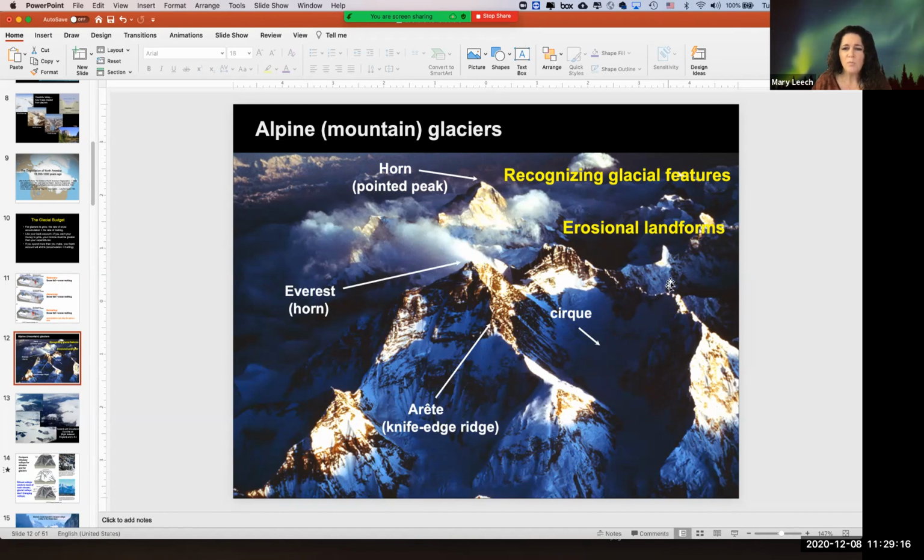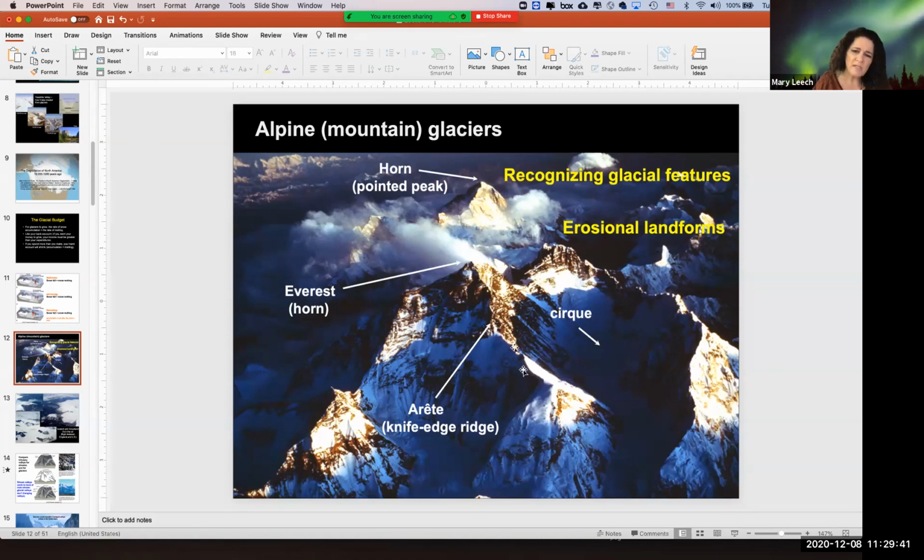Okay, so some terminology. There are some glacial features. These are erosional landforms. An example is Everest, which is a horn. It's a pointed peak where you had glaciers coming down from all different sides, and it forms a pointed peak.